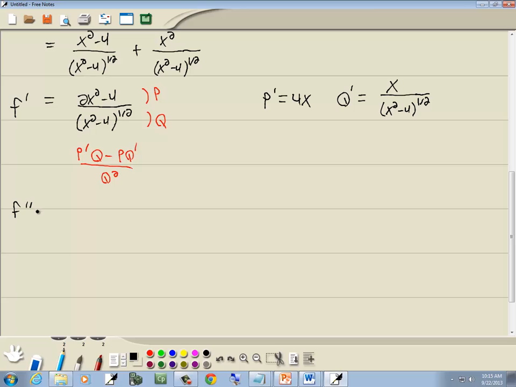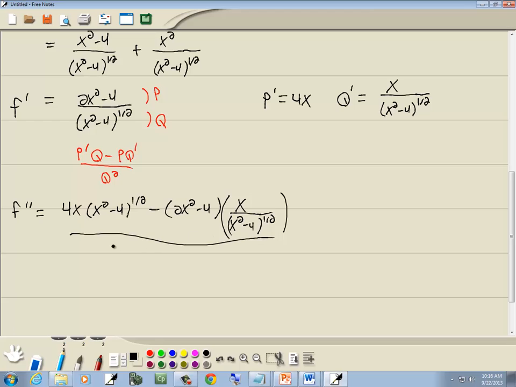So for our second derivative, p prime was 4x times q, which was x squared minus 4 to the 1/2, minus p, so 2x squared minus 4, times q prime, which is x over x squared minus 4 to the 1/2, all over q squared, which is x squared minus 4 to the 1/2 raised to the second power.